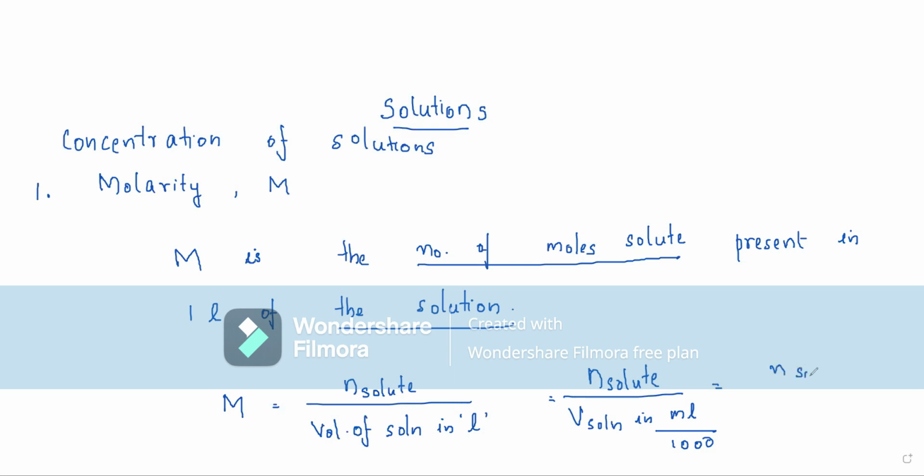So once again, this is N of solute into 1000, and I'm taking this 1000 to the numerator, by volume of solution in milliliter. So that's how we find out molarity of a solution. One of the different ways of expressing concentration of a solution is molarity.